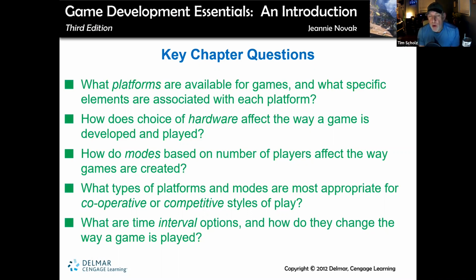Then, how do modes based on the number of players affect the way games are created? This is something to think about going into our assignment or discussion question. If you're looking to have a two-player mode on a computer game that uses keyboard and mouse, how do you implement that?